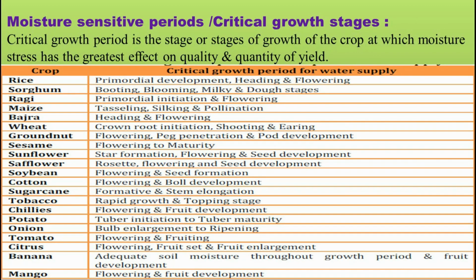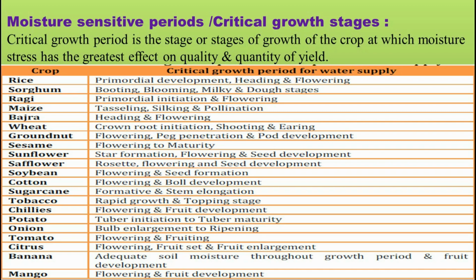Moisture sensitive periods, or critical growth stages. The critical growth period is the stage or stages of growth of the crop at which moisture stress has the greatest effect on the quality and quantity of the yield. At this stage, water is very much required. If water is not given at the critical growth stage, the yield will be affected and it also affects the quality of the final product.